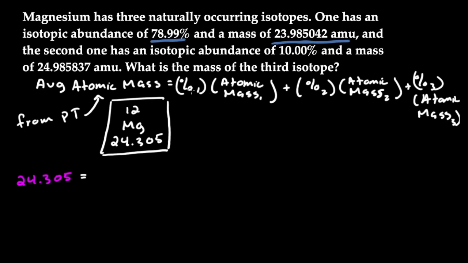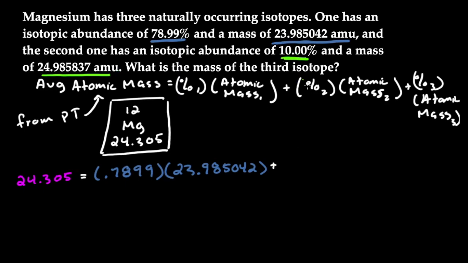When I do this equation, these percentages have to be decimals, so we're going to put 0.7899, and then we're going to multiply that by this number here, the 23.985042. Okay, and then we're going to add that to the next one, and this next one, it's this 10% there, and looks like this number there go together.